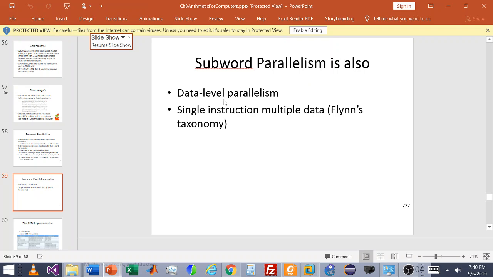So we can call it data level parallelism, or we introduce the term here. We're going to talk about it more explicitly in Flynn's taxonomy, the single instruction multiple data, SIMD.